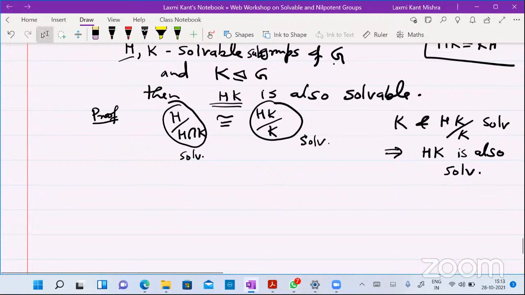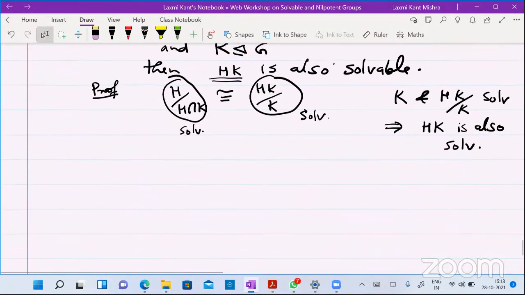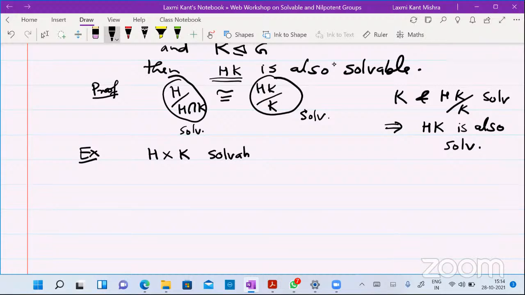So now let us move further. I told yesterday that if we are taking two groups H and K, and if H and K both are solvable, then H cross K is also solvable, if both are solvable.